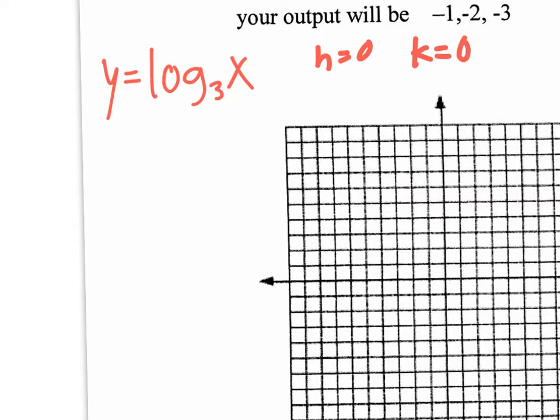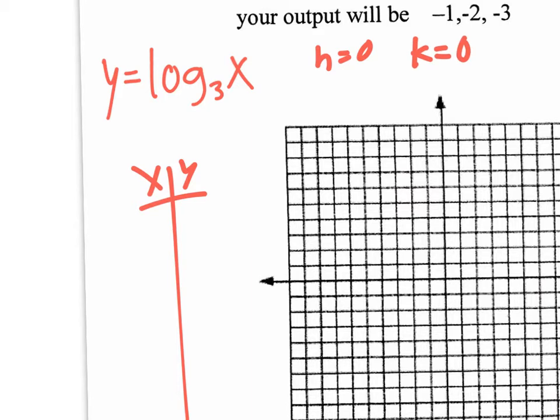Now, instead of trying to come up with the values that work for log base 3 of x, how about this? What if we think about the inverse of log base 3 of x? What is the inverse of log base 3 of x?